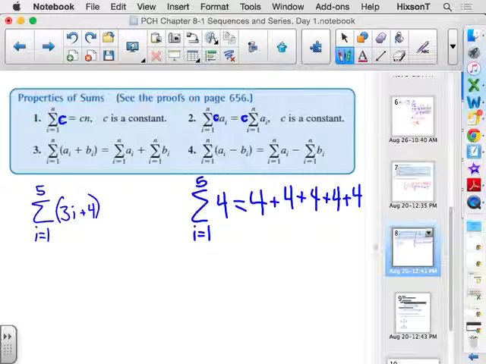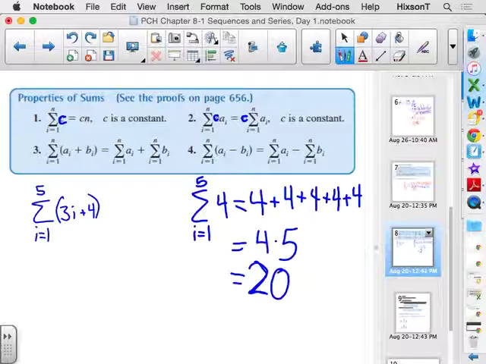So, notice the property up here. It says, how many terms are you doing this for? That's how many of that constant you're going to have. That's really what the definition of multiplication is. You're adding the same thing a bunch of times. So we can just write this as c times n. Instead of writing all this out, I could just say it's 4 times, and there are 5 terms here. 4 times 5 is 20. Does that make sense?